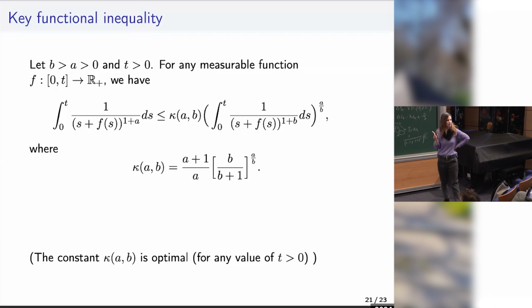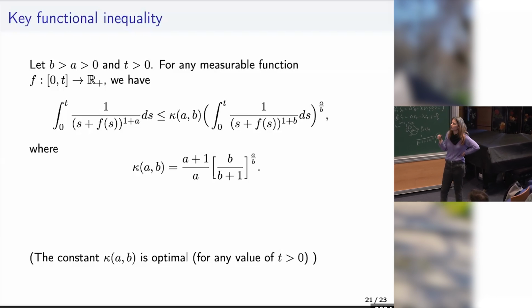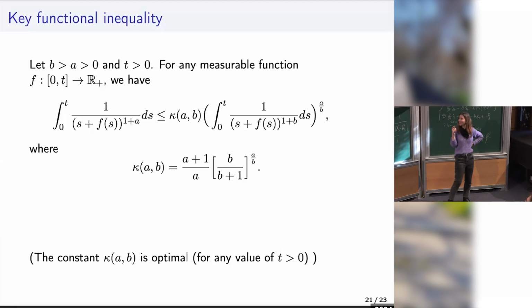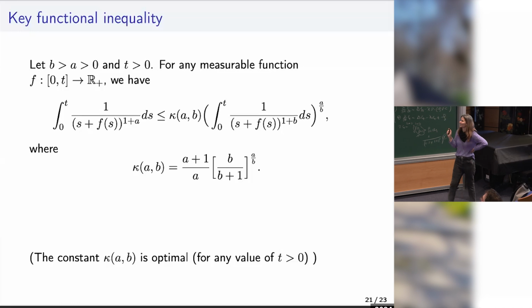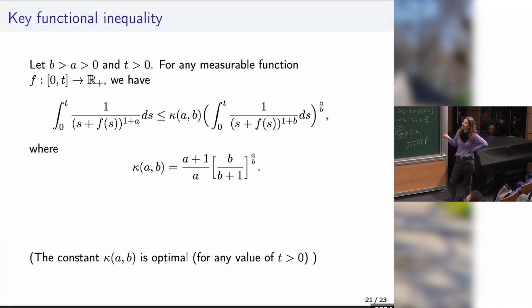In the beginning, we didn't believe it. We thought that this is not true, so we were trying for a counterexample. And then we found it was true, but I have to say that we had to talk with many colleagues, and I have to thank Benoît Pertin and Vincent Calves, with whom we talked a lot about this. And at the end, we were convinced it's true, and that actually we found the optimal constant here.